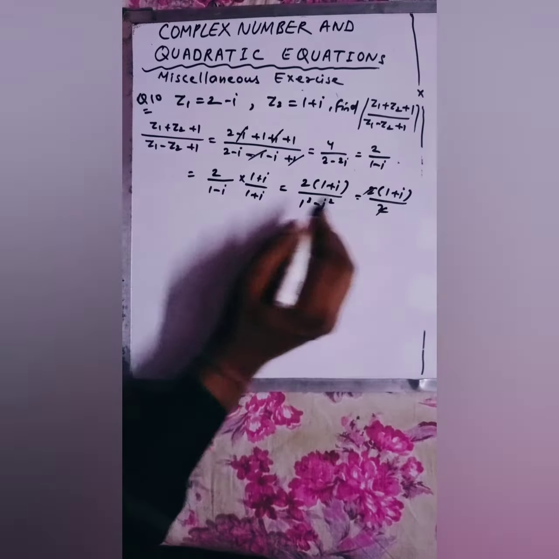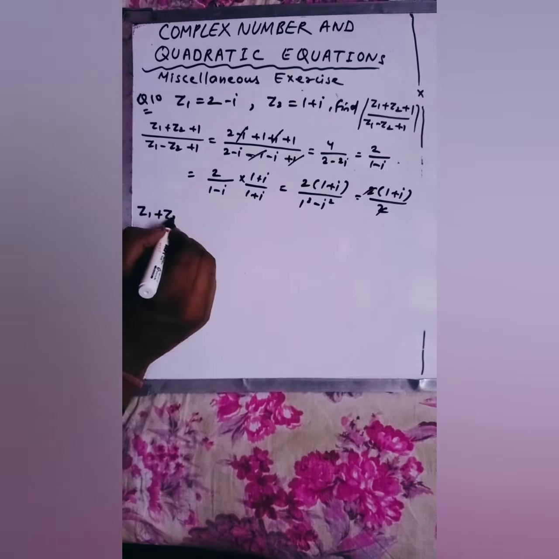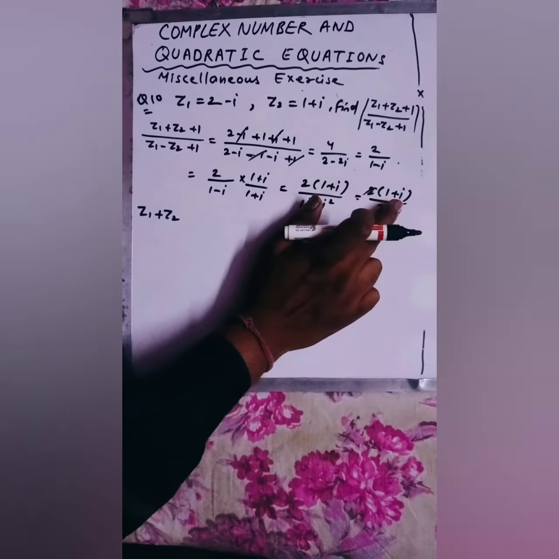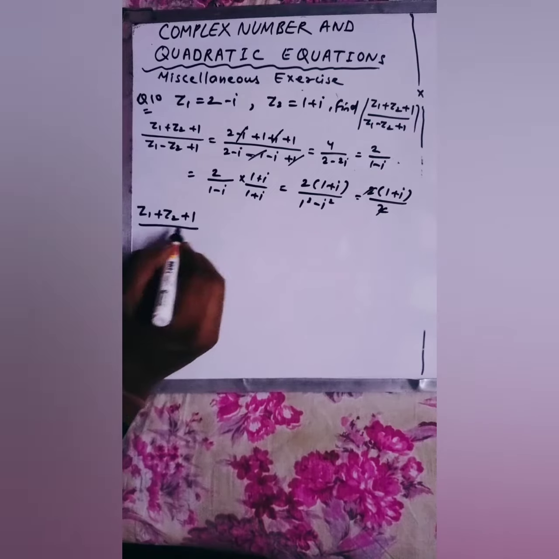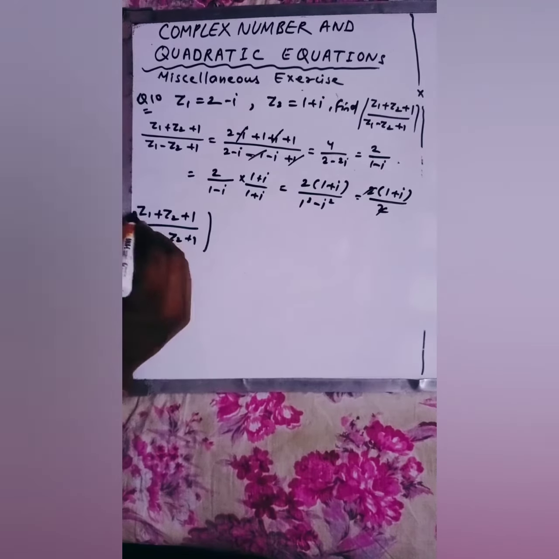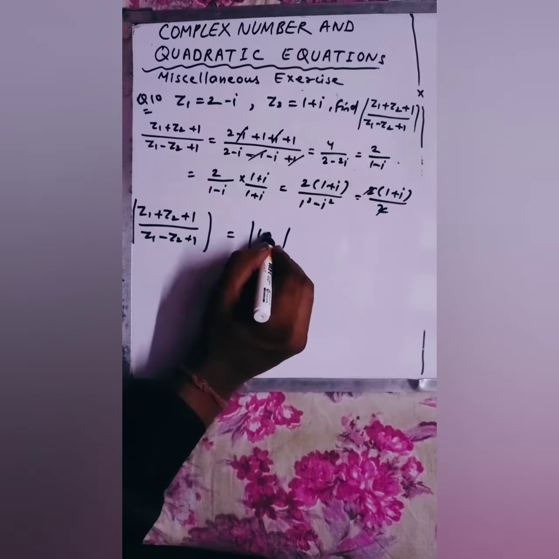This 2 and 2 you can cancel out. This value is equal to 1 plus iota. So we have to find the modulus of this value.